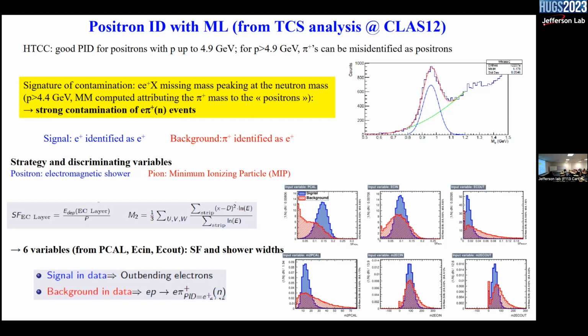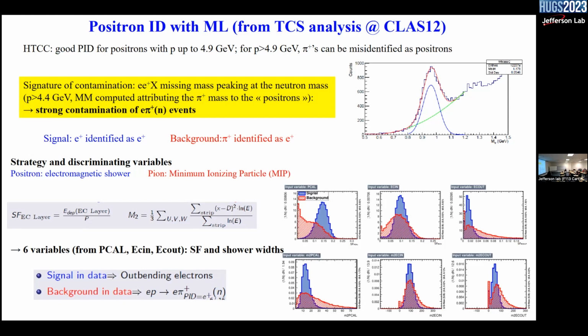So we also used it for the timelike Compton scattering analysis, the positron ID. In timelike Compton scattering, we detect an electron-positron pair, and electrons and positrons are identified by the Cherenkov, but the Cherenkov has a threshold that depends on the refraction index of the gas, at 4.9 GeV, and after that threshold you cannot separate pions from electrons.